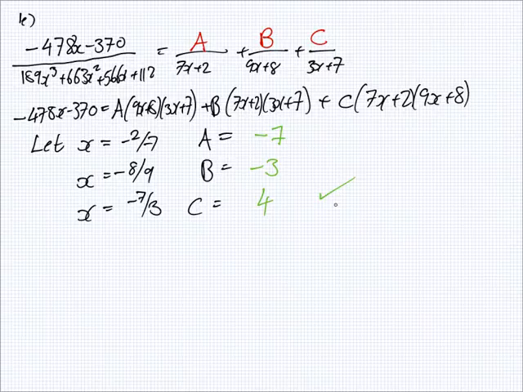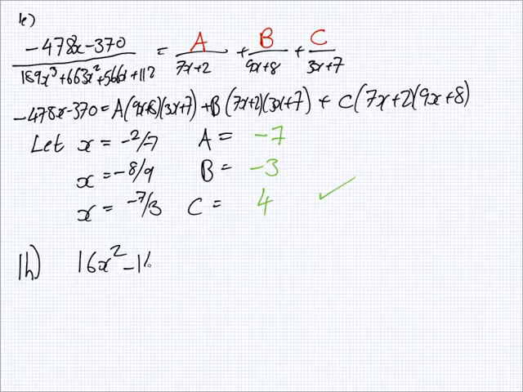Okay, I'm going to do one now for you that's a little bit different to these examples. So we'll jump down to 1h here. 16x squared minus 143x minus, 16x squared plus 15x, isn't it?